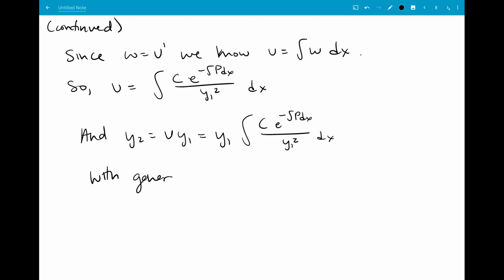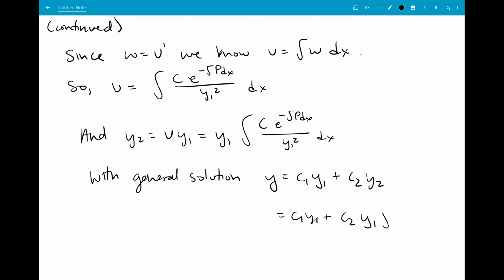And the general solution, y equal to c1 y1 plus c2 y2, which is y1 integral c e to the minus integral p dx over y1 squared dx. And at this point, you would have been given y1, a function of x, at the start of the problem. P is in your differential equation. So all of this is stuff that you can solve. So you do have the answer to the problem.